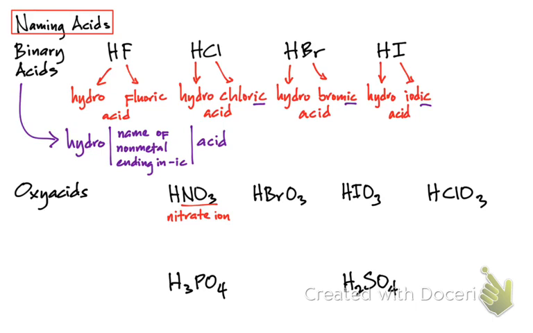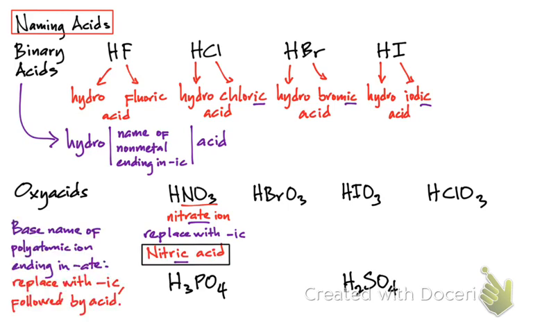It contains a polyatomic ion. The polyatomic ion here in HNO3 is the nitrate ion. If the polyatomic ion ends in ate, such as nitrate, all you have to do is replace the ate with the suffix ic. So it would be nitric acid.